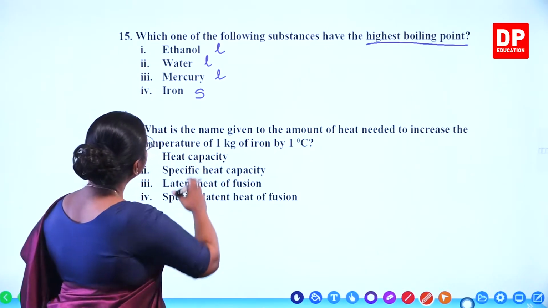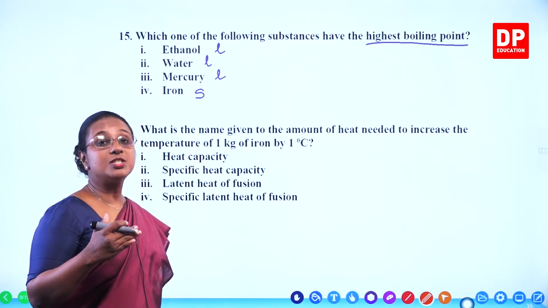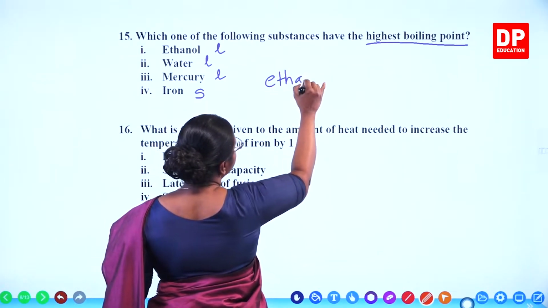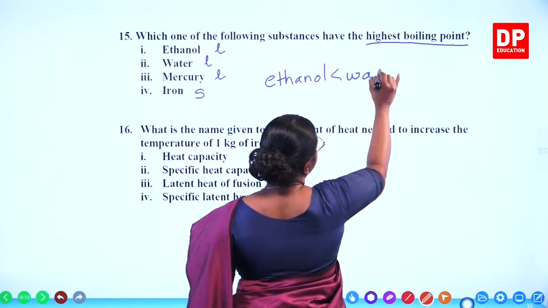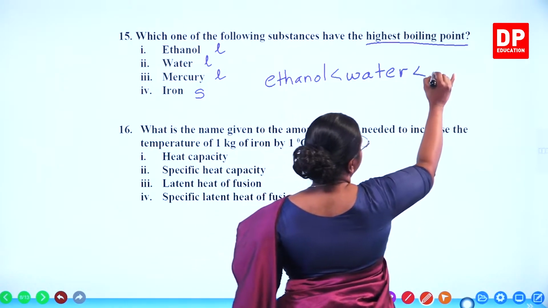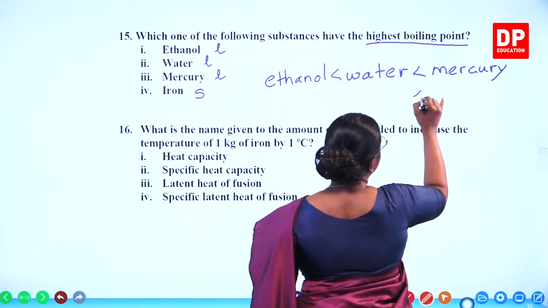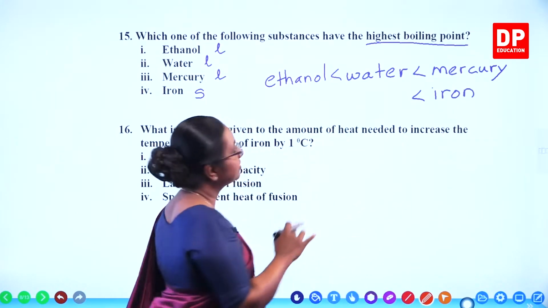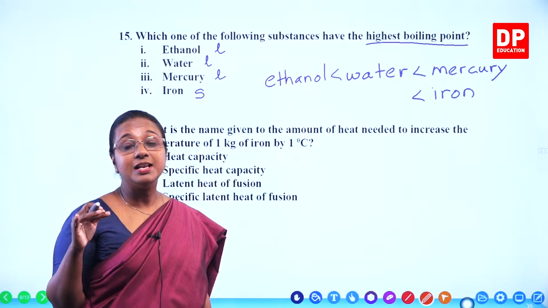So here also, you all can remember students, ethanol has the lowest boiling point. If we really write the values, then we have ethanol, water, after that, we have mercury, and then it is iron. Ethanol has the lowest boiling point, water, mercury, but all three are liquids.